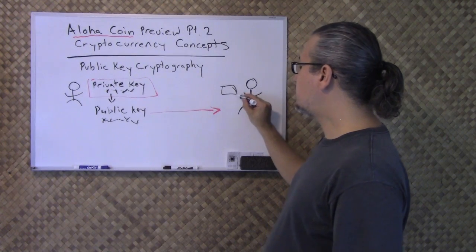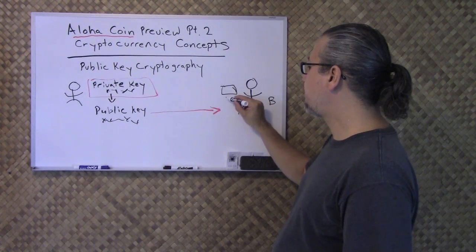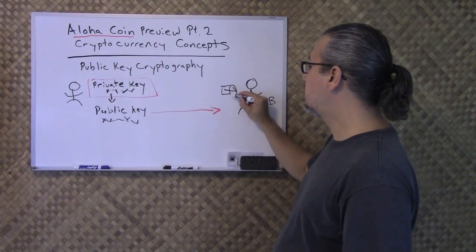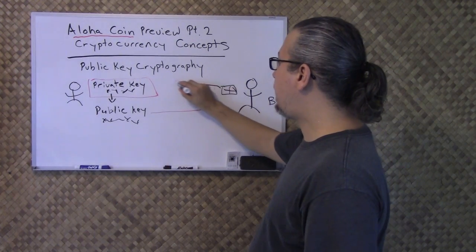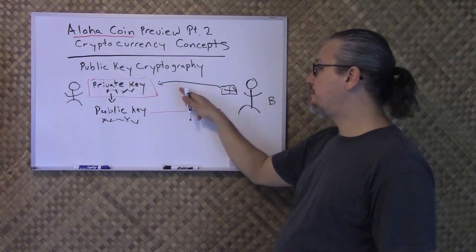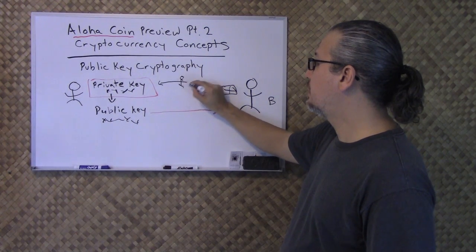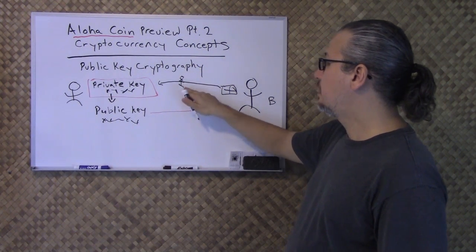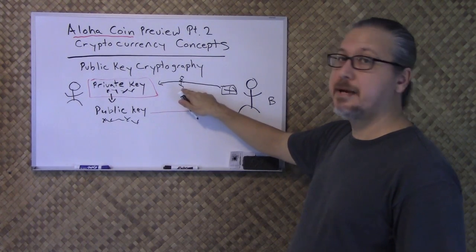So this person B can encrypt something, wrap it up in a box using the public key, and then send it back, and it can only be read by the possessor of the private key. So anyone else in the middle, looking, doesn't have the private key, so it can't read the message.